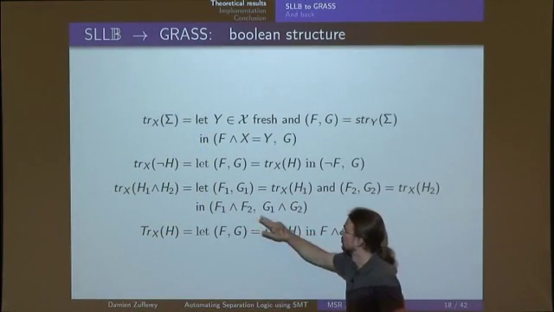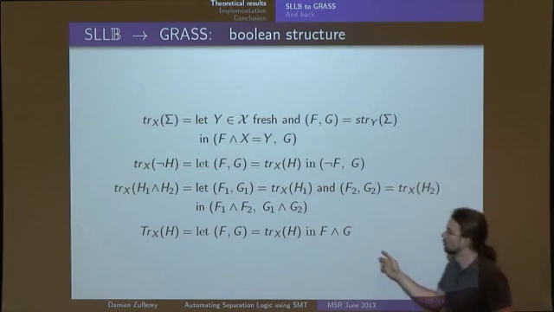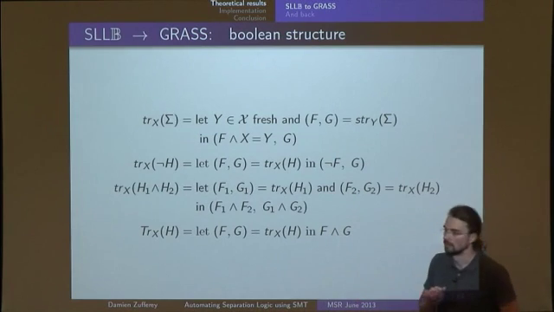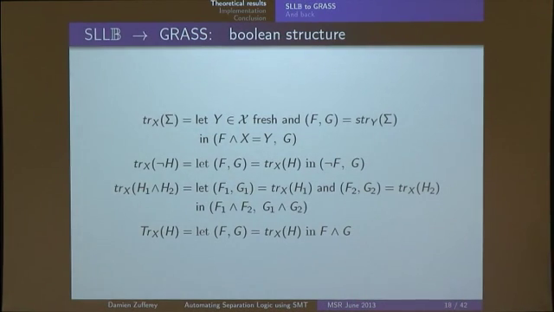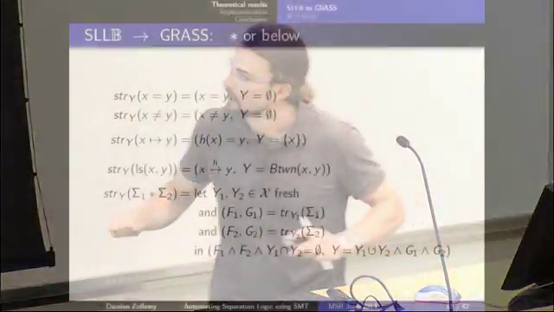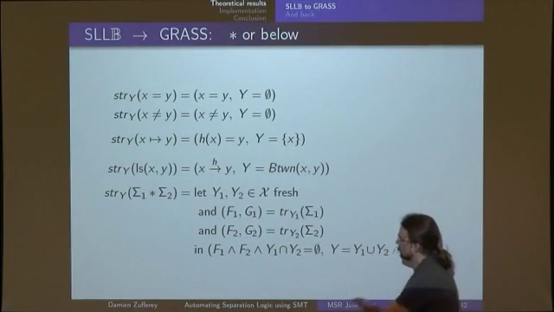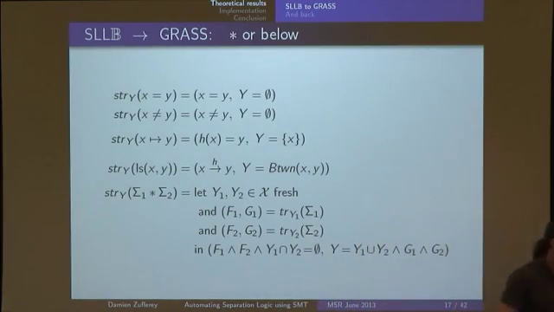Then for the conjunctions, it's just intersection of the structure and the definition. And for the top level, just take the union of both. But here we have these two critical parts. Here the negation is not applied over the whole formula.